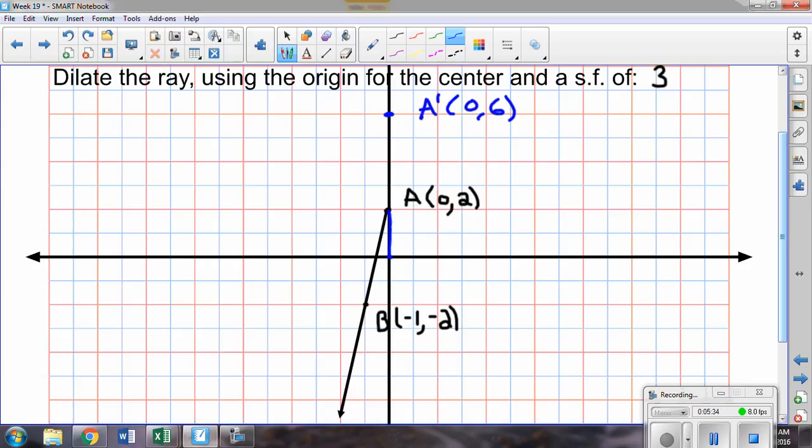And let's triple our B for our dilation. -3, -6, so 1, 2, 3, 2, 4, 6. And then that's B prime, -3, -6. And we'll see how badly I can sketch this.